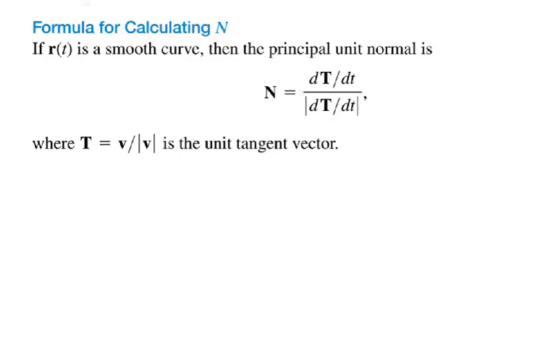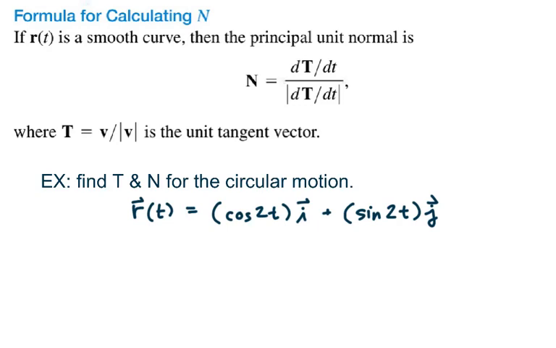T is a unit vector, so its length is constant, and its derivative is therefore orthogonal to it. That's why N is equal to the derivative, and to make it a unit vector, we divide by the magnitude. Keep in mind that T is your velocity vector divided by its magnitude, V being the derivative of r.